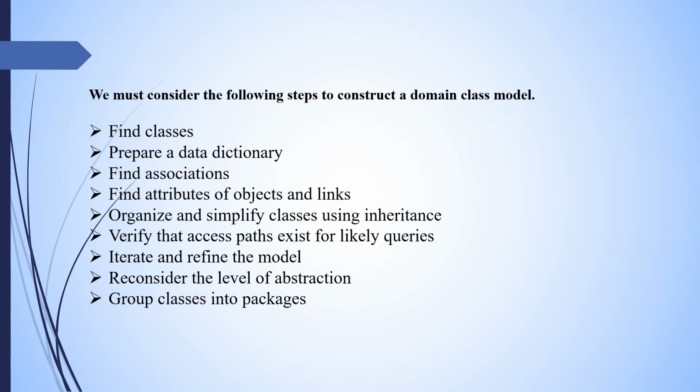Next one is finding associations. An association is mainly a structural relationship between two or more classes. A reference from one class to another class is an association. For example, class person should not have an attribute employer.